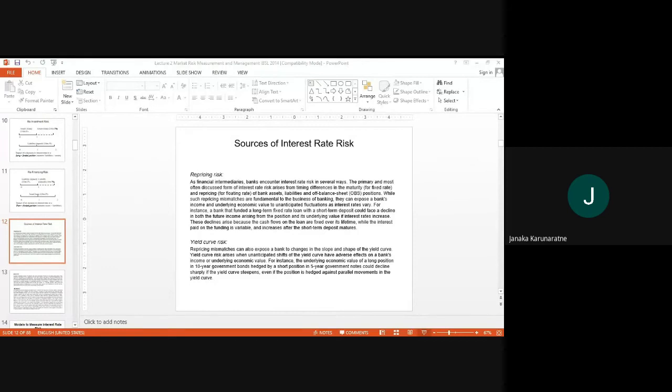So even though your asset and liability are matched in terms of maturities, due to the different pricing methodology, there could still be a difference that results in interest rate risk. Got it clear? Any questions?